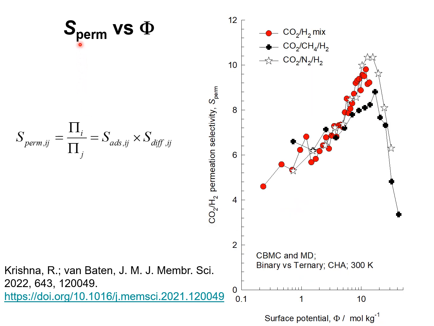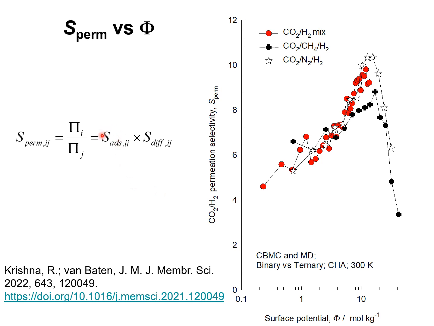Let's turn our attention to permeation selectivities. The permeation selectivity of I with respect to component J is defined as the ratio of the permeability of component I with respect to the permeability of component J. If we carry out the derivation for the permeation selectivity, we note that the permeation selectivity is a product of the adsorption selectivity and the diffusion selectivity.